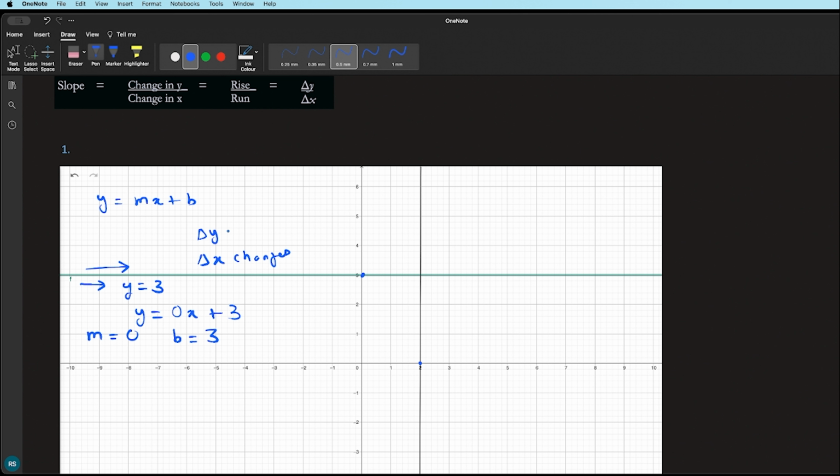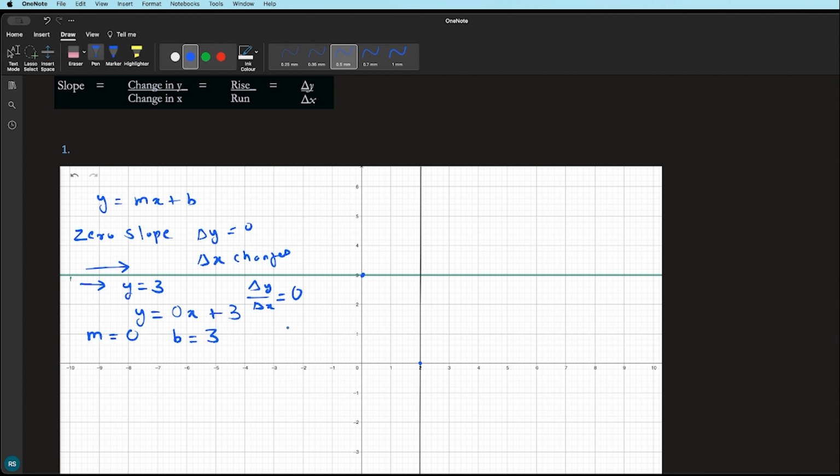Okay, so delta y equal to 0. So delta y by delta x equal to 0. So that's why here I have written that m equal to 0. So this horizontal line is also called a zero slope.